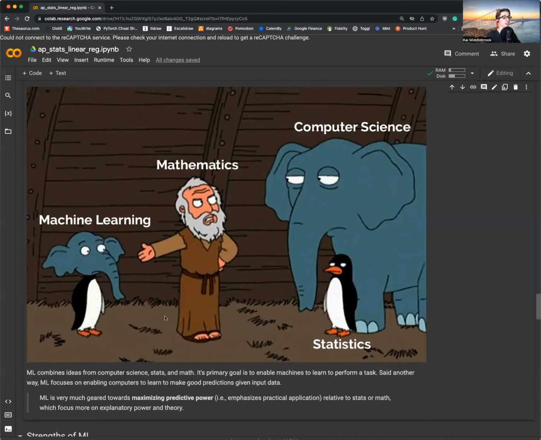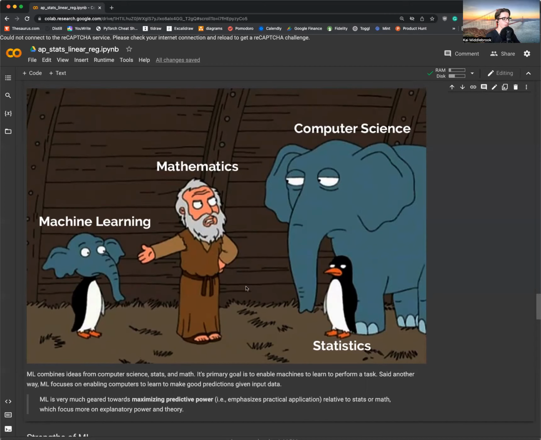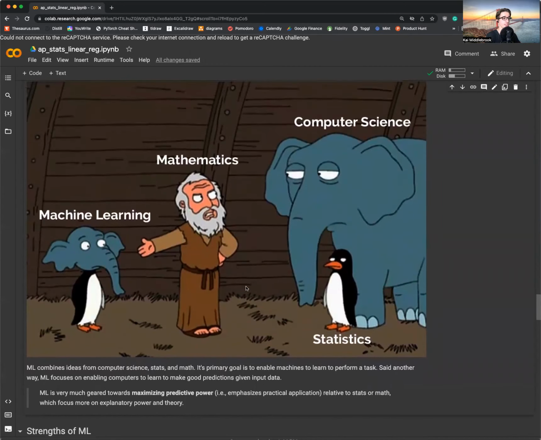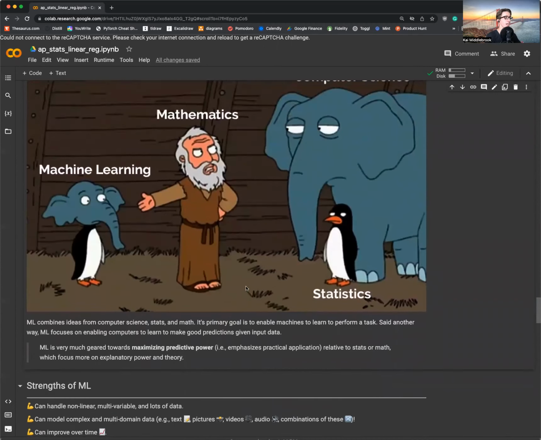But machine learning focuses more on the business use cases, while stats and math focus a little bit more on explanatory power, like understanding a relationship between data and explaining and meeting theoretical constraints. While with machine learning, they just really want to make good predictions about the data.